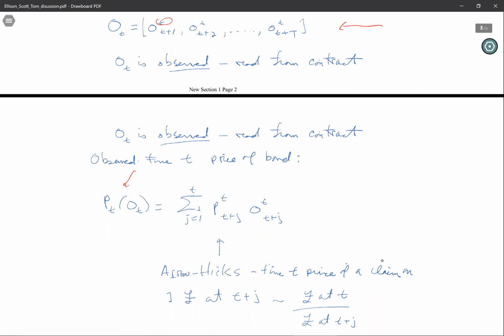And their theory, this is a key theory, is that the price is the inner product, that's a sum. That should go to capital T, right here. It goes from tomorrow onto the horizon of the bond.